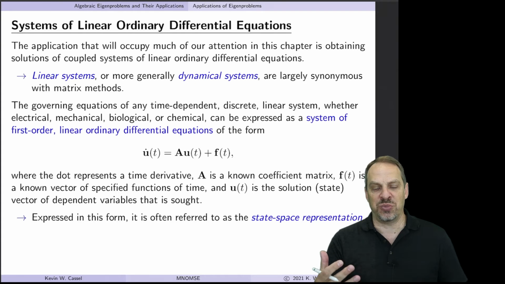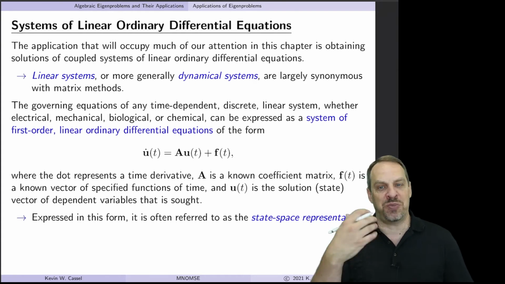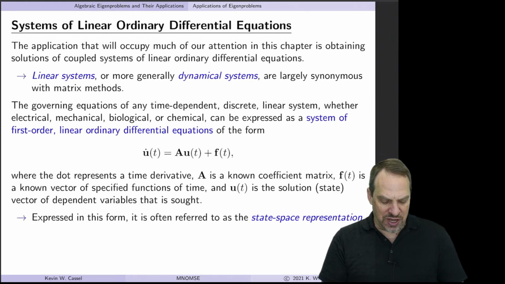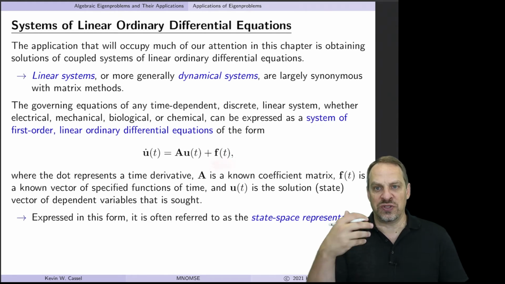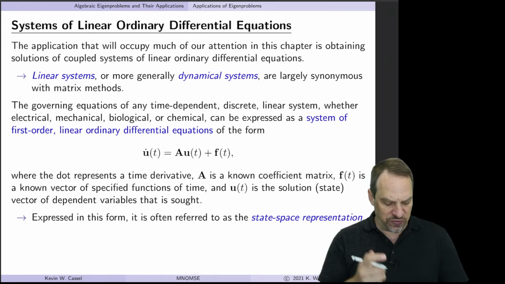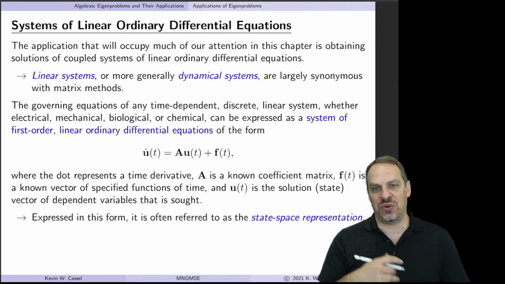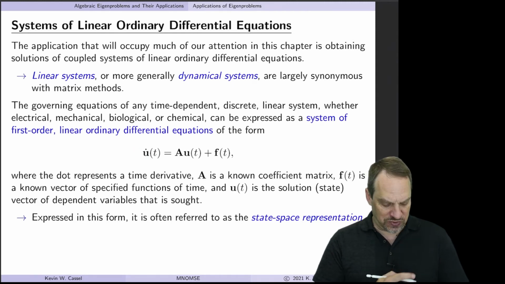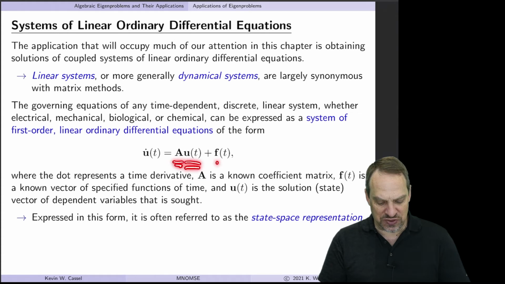Those are the dependent variables that we want to find. They might be positions, they might be angles, currents, whatever the case might be. And f is a known forcing function. It's a vector that encompasses known forcing terms. The dot here on the left-hand side, that's du/dt. So anytime you see a dot, that's just a shorthand for a time derivative. So we have du/dt is a coefficient matrix A times u plus f.